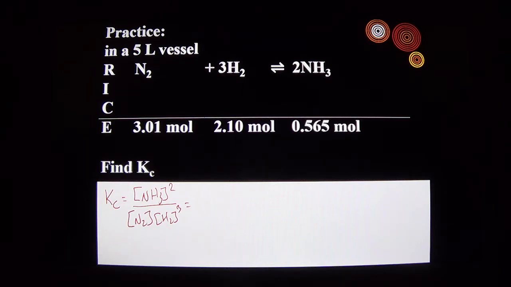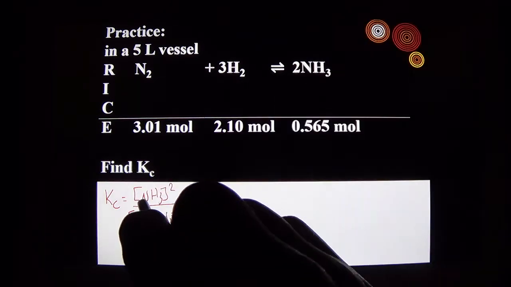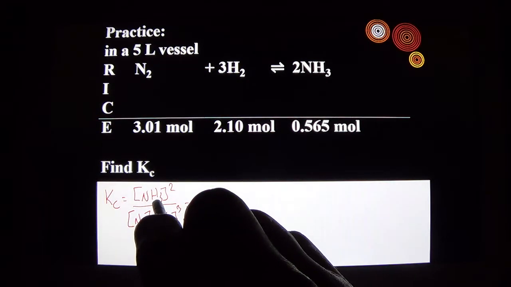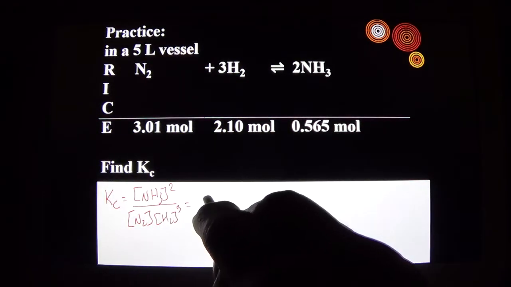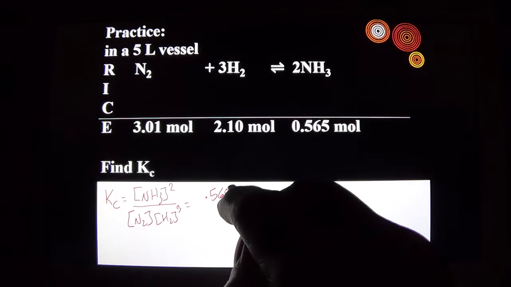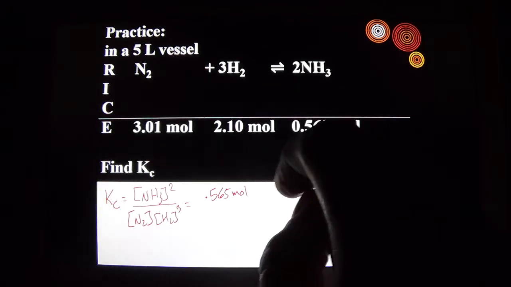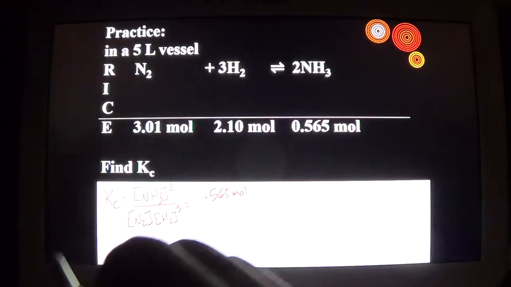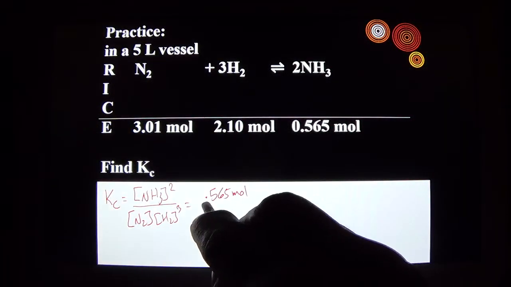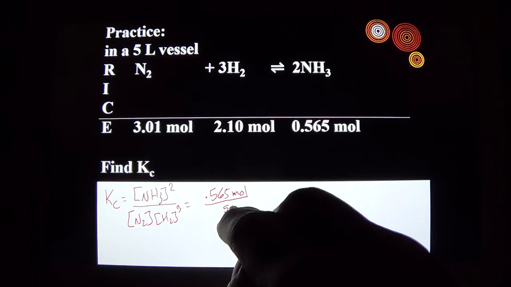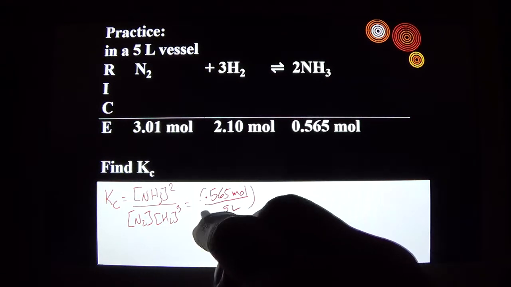Now we plug in our equilibrium values. At equilibrium, our ammonia is 0.565 moles. Oh, check this out though. This is moles in a 5-liter vessel. So that's moles per 5 liters.